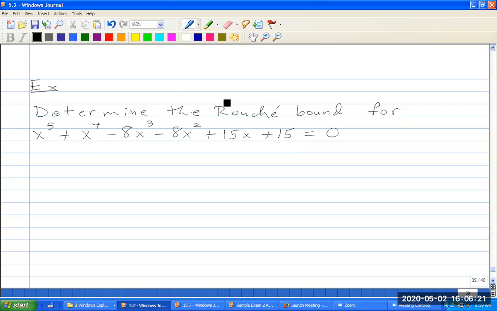So let's find the bound on these roots for this equation. So it's the minimum of these four values. So let's do Roche's limit.